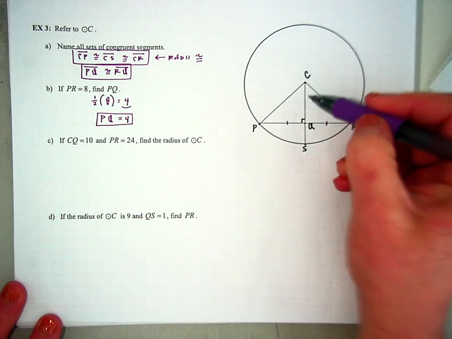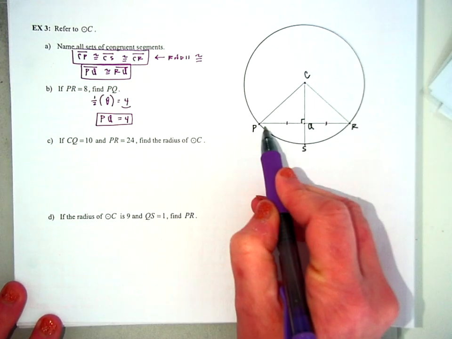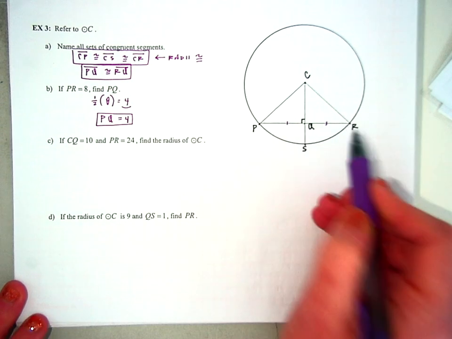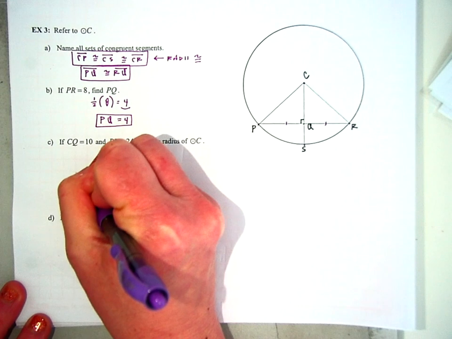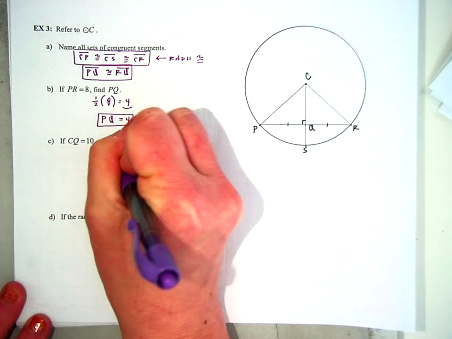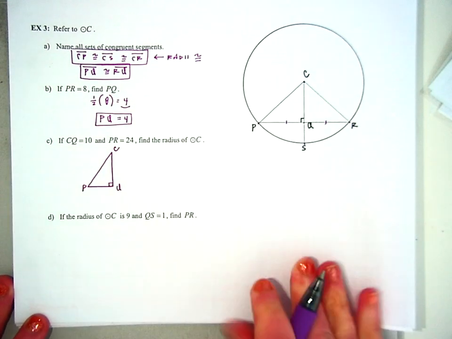Okay, next up, if CQ, right here, is 10 and PR is 24, find the radius of the circle. Here I'm just going to draw out a right triangle. It's all about right triangles. So let me sketch out one of those two right triangles, and here is where the C, the Q, and the P are.